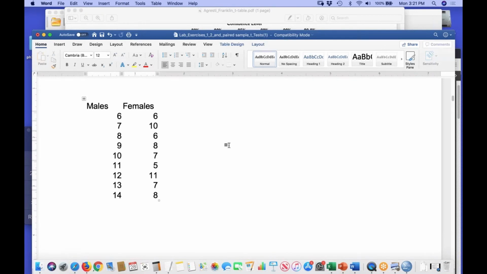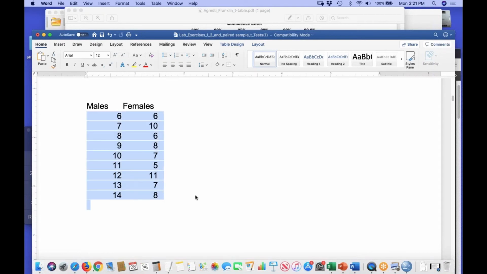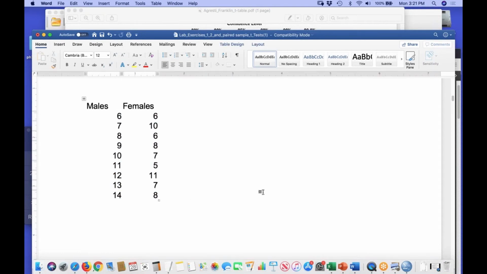And in fact, I have the Excel file. I'm not going to go to it right now. I would calculate the standard deviation of each of these two groups. Well, why not? Let's go to the Excel file.